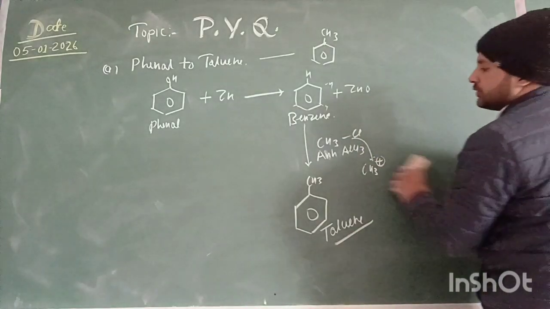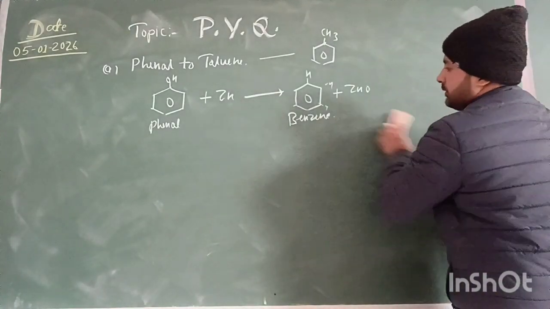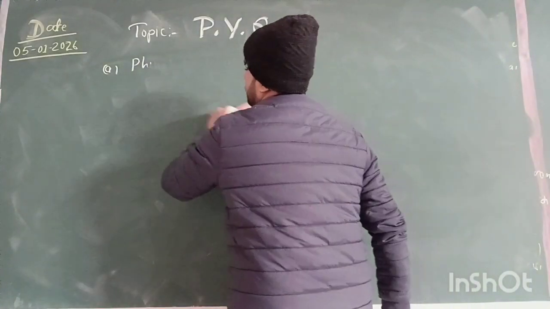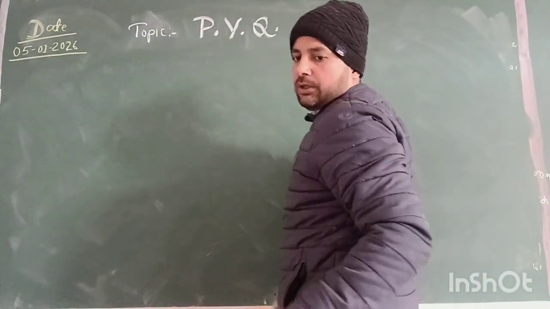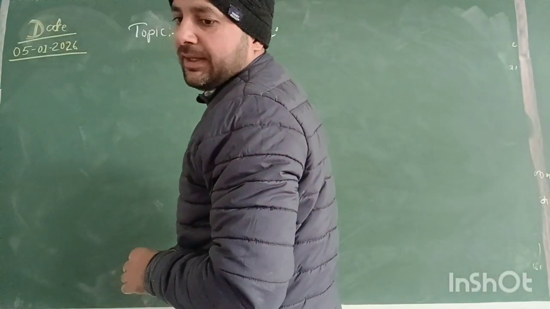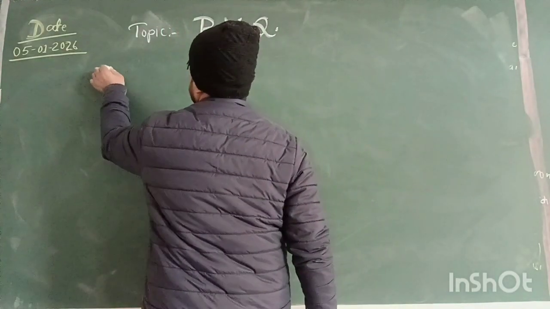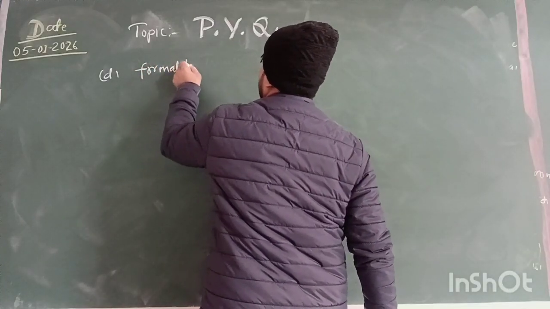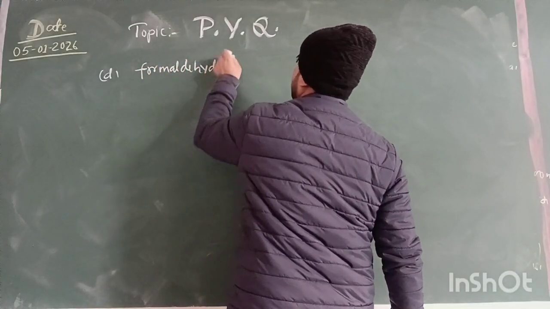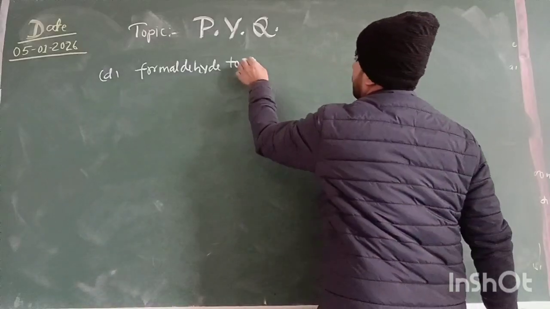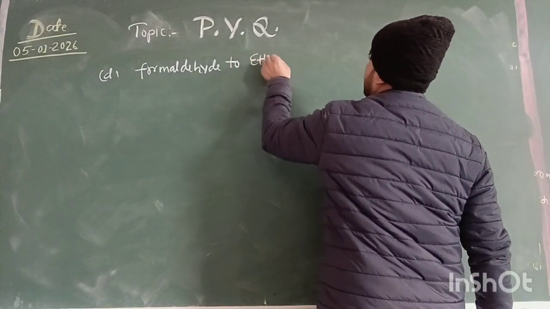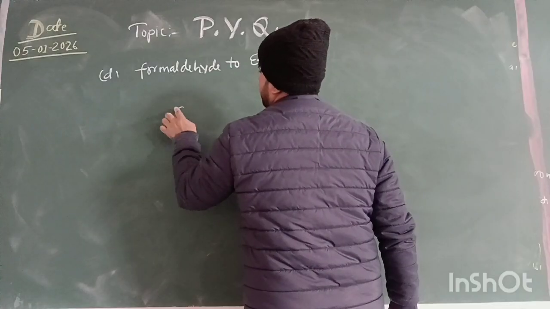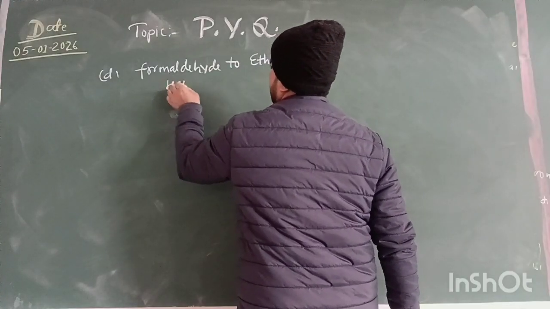Now our fourth question is, how can we convert formaldehyde to ethanol? Formaldehyde is this one, HCHO.